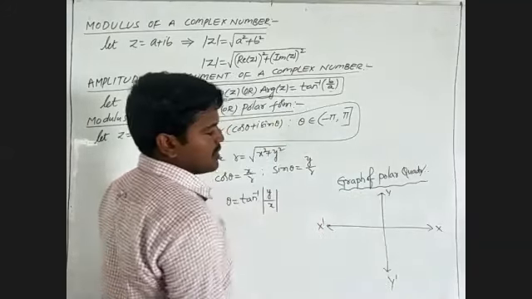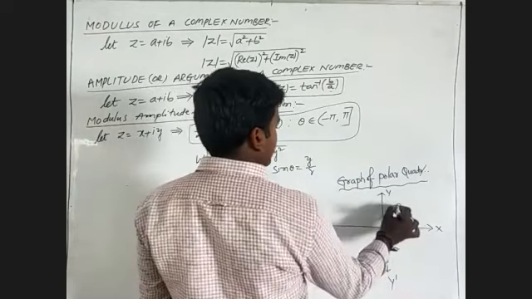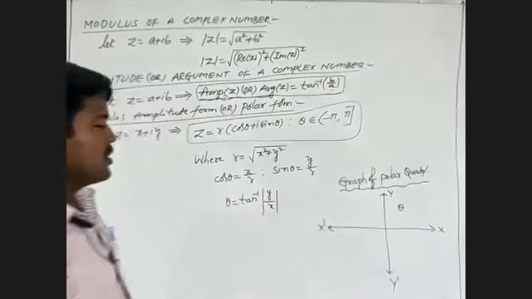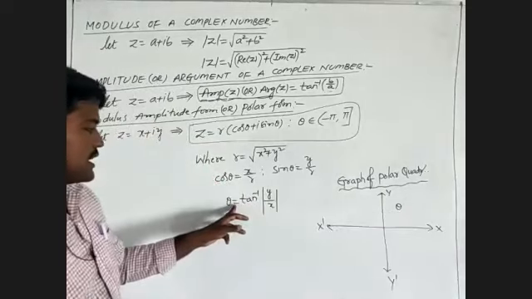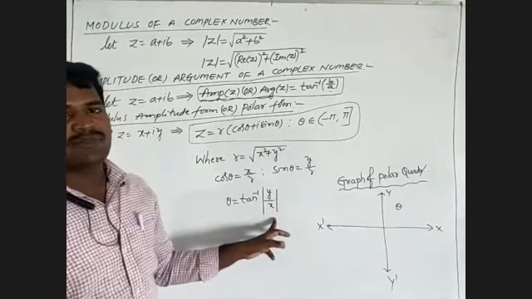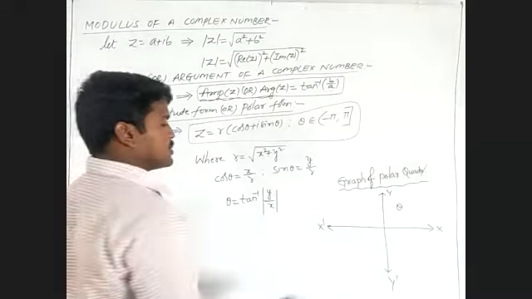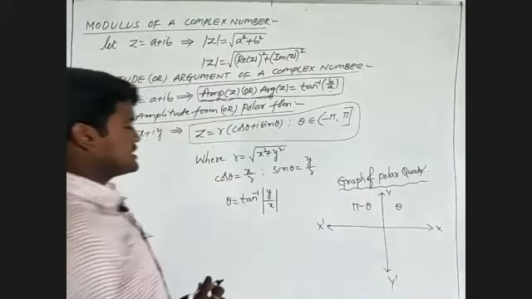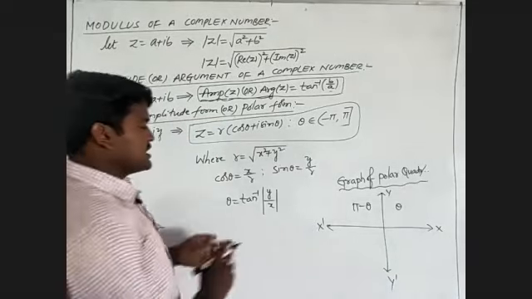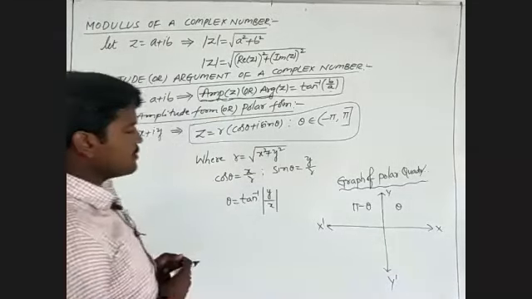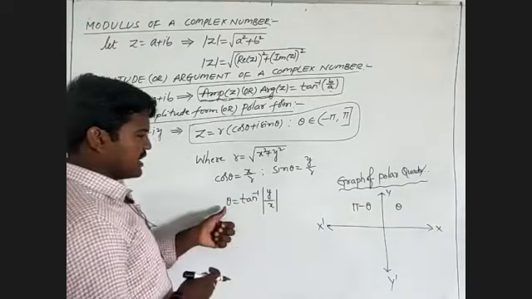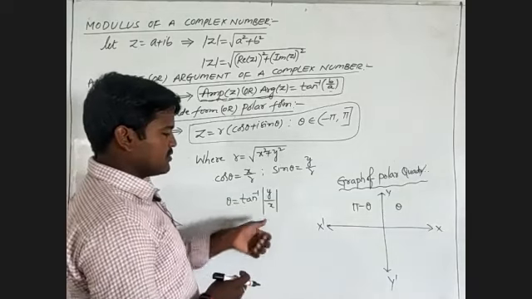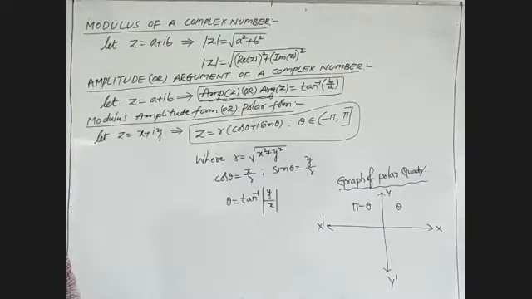Quadrant 1 has theta, where theta is tan inverse mod y by x. Quadrant 2 has pi minus theta, where theta is equal to tan inverse mod y by x.